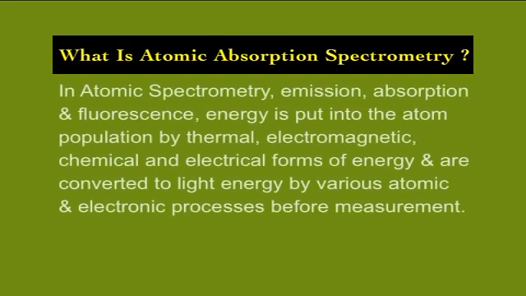In atomic spectrometry, emission, absorption and fluorescence energy is put into the atom population by thermal, electromagnetic, chemical and electrical forms of energy, and are converted to light energy by various atomic and electronic processes before measurement.